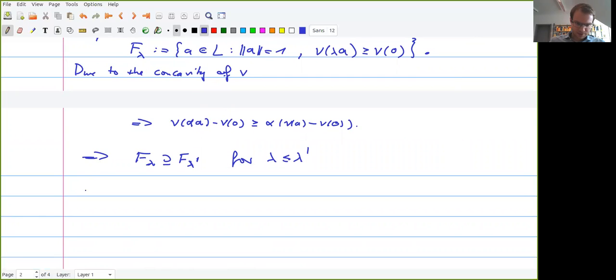By 6.4, we see that F of lambda goes from above to the empty set as lambda goes to infinity.